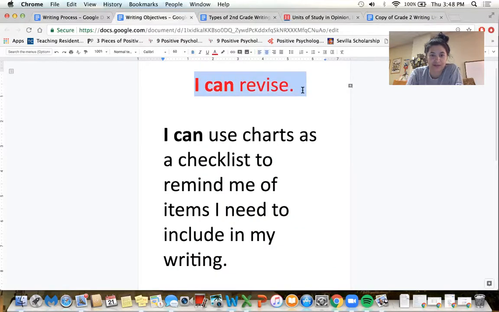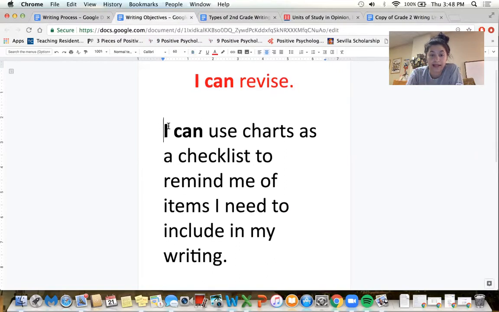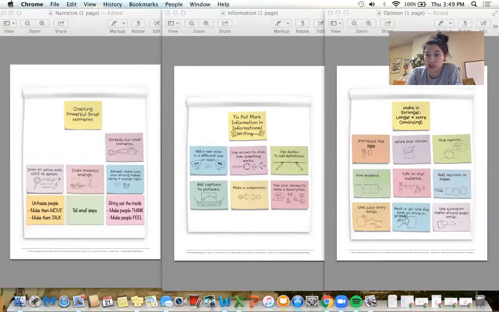I can revise. Remember, if you didn't finish writing, go back and write it all. But I can use charts as a checklist to remind me of items that I need to include in my writing, okay? Just like in school, we use checklists a lot to make sure we've included everything in our writing. Since we are all working on different pieces, our checklists look a little bit different. They look like charts now, and depending on your genre, you have a different chart.